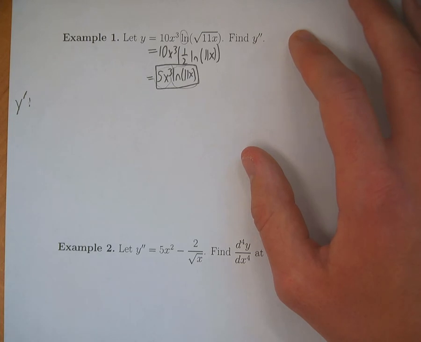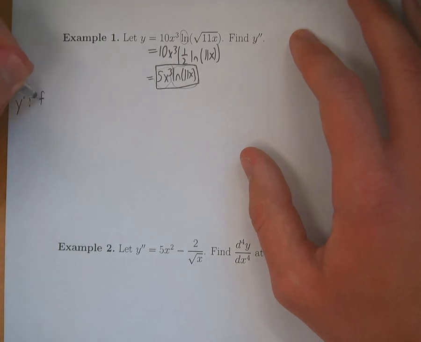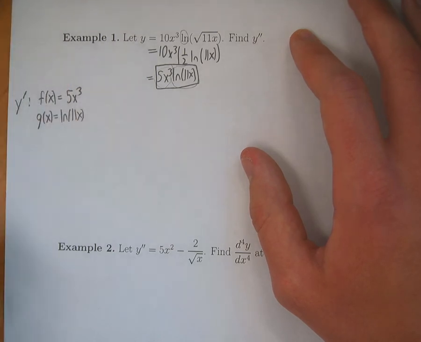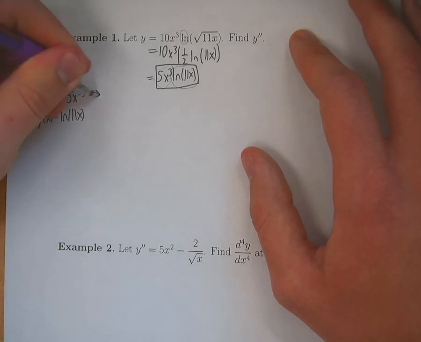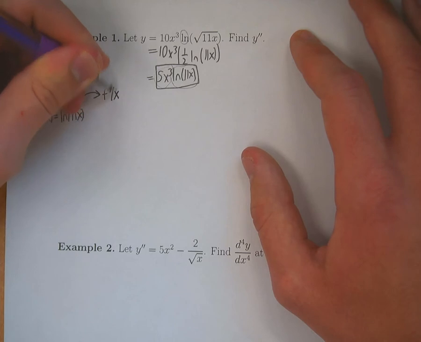What rule should we apply? Product rule. Yep, we have to apply the product rule. Good. So if we let f of x equal 5x cubed and g of x equal natural log of 11x, as per the product rule, we can get the derivative of f pretty quickly just from an application of the power rule.